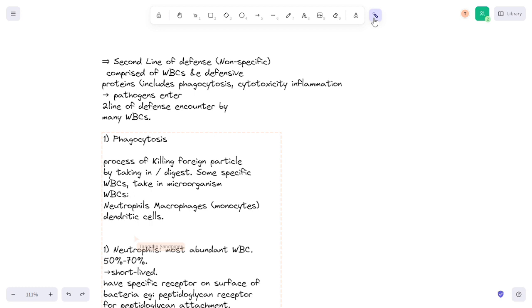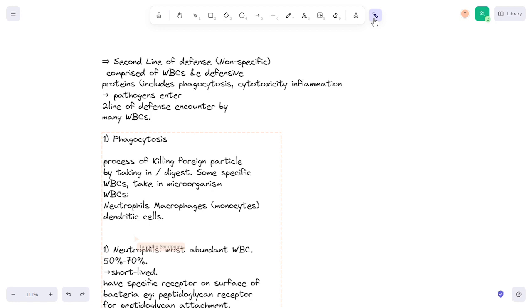If a pathogen enters our blood, the second line of defense will encounter it with many white blood cells, which include neutrophils, macrophages, monocytes, dendritic cells. These are some white blood cells which are used in the second line of defense for the prevention of foreign particles in our body.